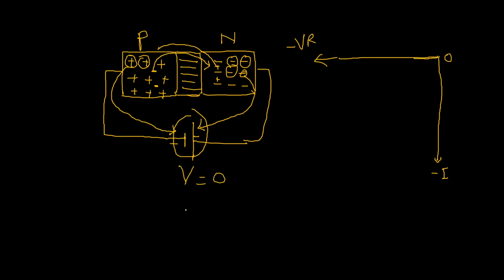Once the voltage becomes equal to the breakdown voltage, which is specific for every construction of PN junction, after that the current will drastically increase in the reverse direction. This will be called reverse breakdown.